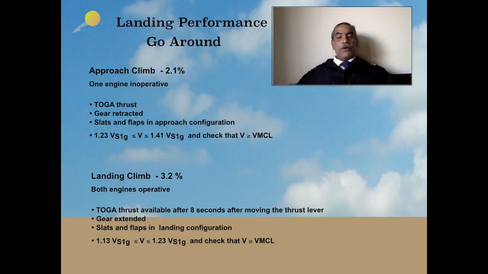Of course, gear would be extended, and slat flaps will be in landing configuration, and the speeds as we have denoted: 1.13 VS1G less than or equal to V less than or equal to 1.23 VS1G. And of course V greater than or equal to VMCL.